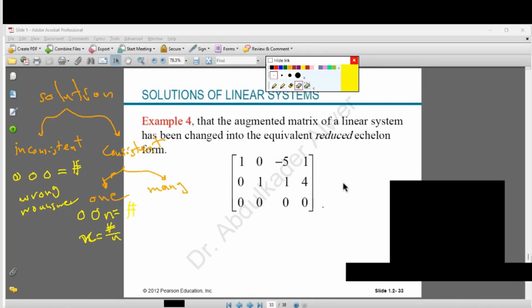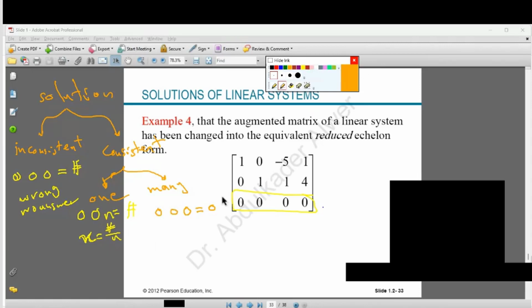After solving this example, I have the last row. Meaning if I got 0, 0, 0 equals 0.